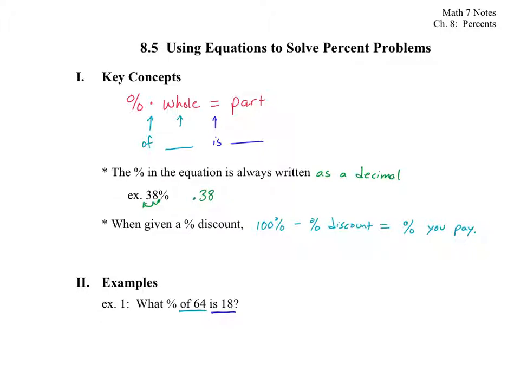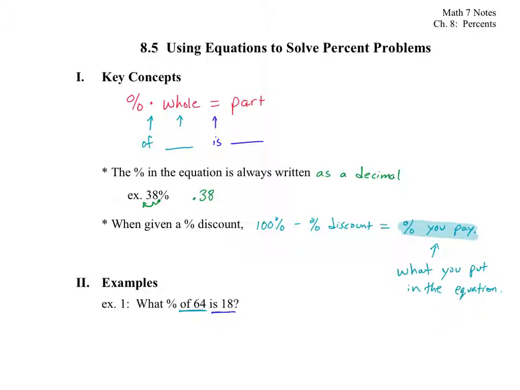Well, you could say 100 minus the 30% off, you need to pay 70% of the cost. So that is going to be the number that you put in the equation. That percent you pay, that is what you put in the equation.